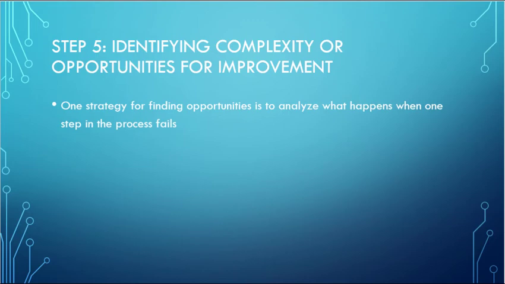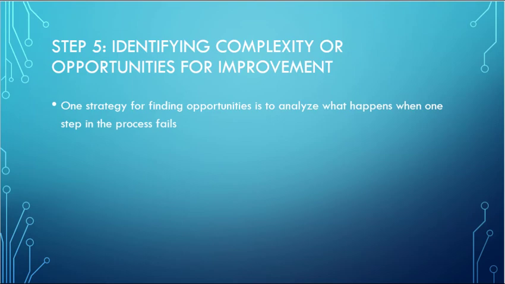So instead, once we have the process defined, then we want to identify opportunities for improvement. One of the ways to do that is to look for complexity, because we'd like to reduce complexity wherever we can. The other thing to do is to think about what happens when one step of the process fails.